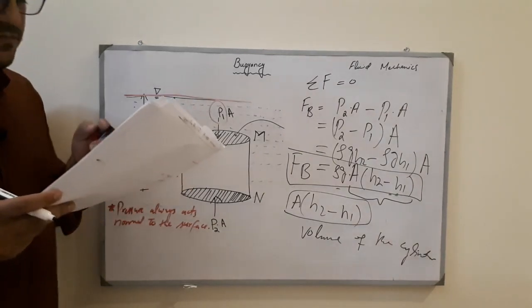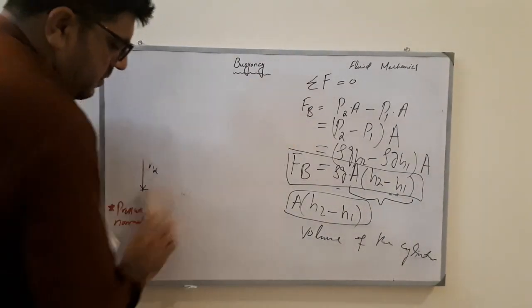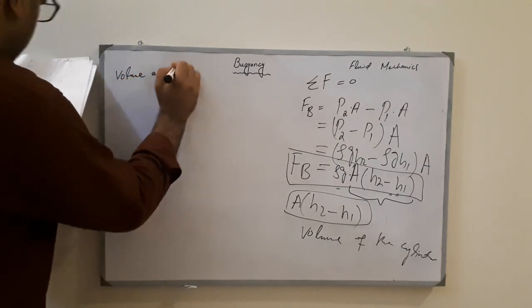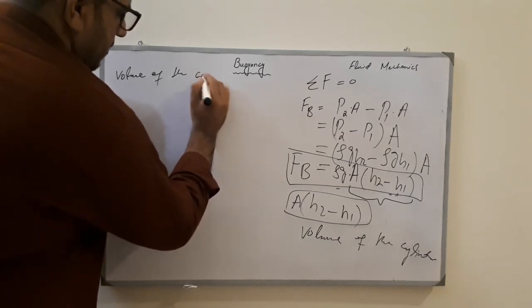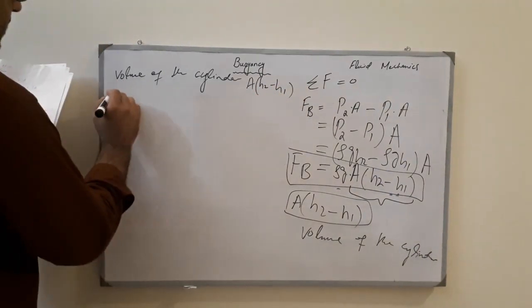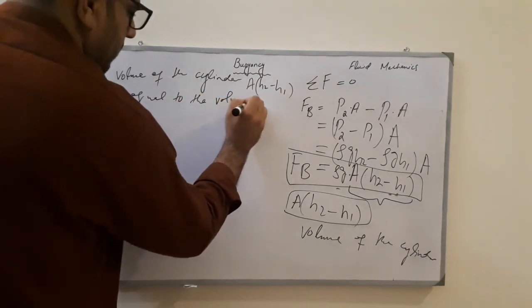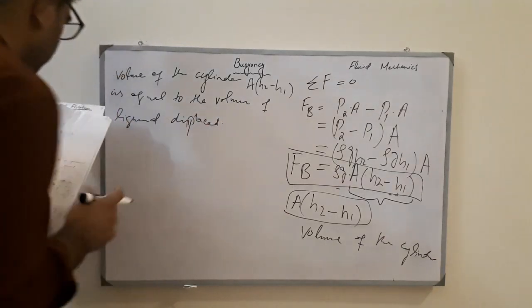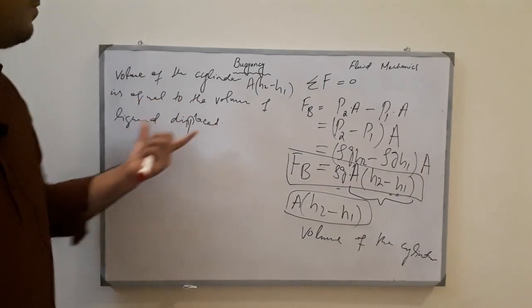So the volume of the cylinder, A into h2 minus h1, is equal to the volume of the liquid displaced.